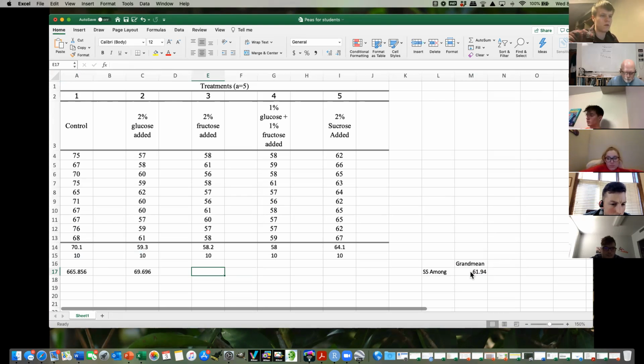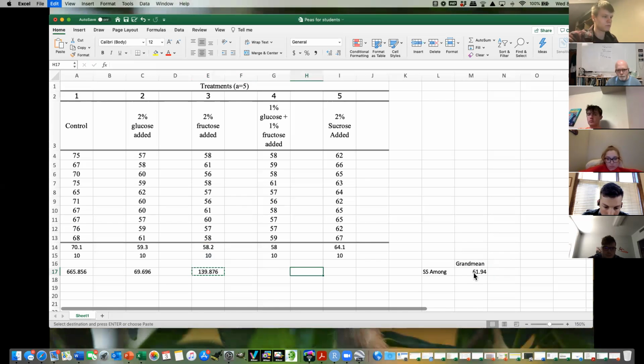We would do a similar thing here, equals sample size times the sample mean minus the grand mean squared. And we can simplify this by just copying over.